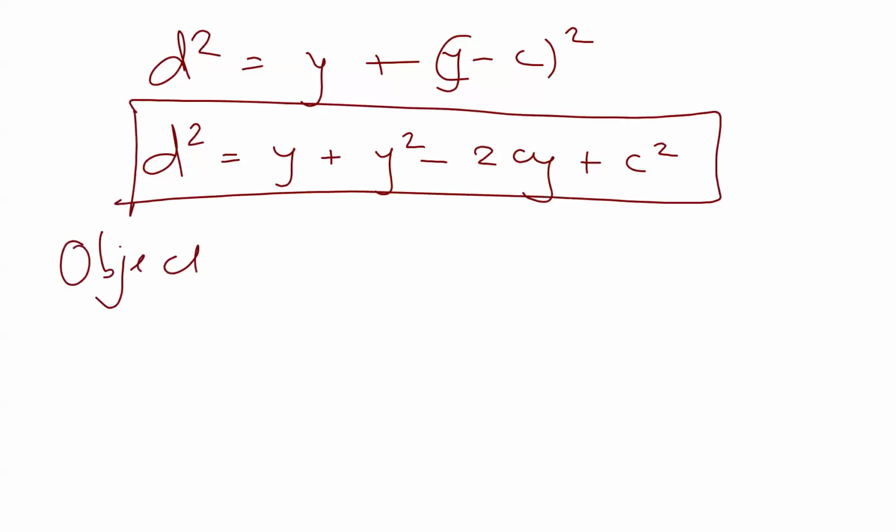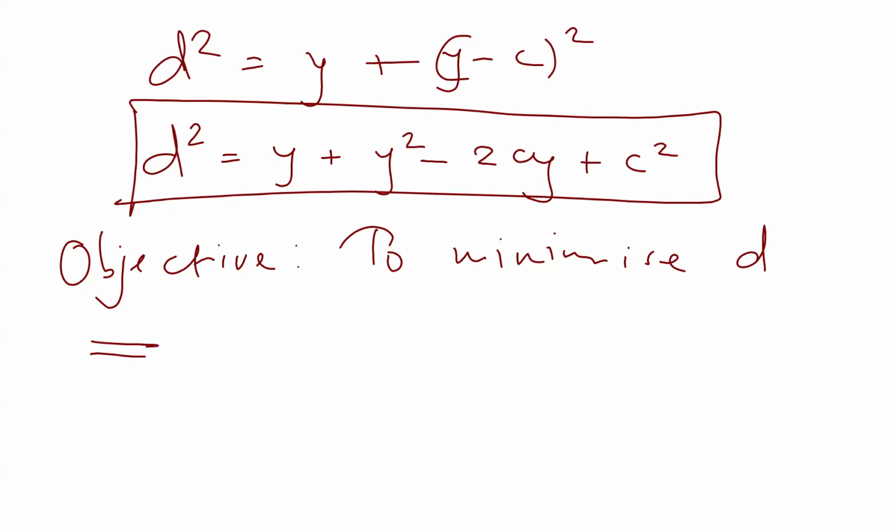Objective: the distance should be shortest. Meaning of shortest is minimum. So to minimize d, this is the objective of the problem. The distance should be minimum. Distance of what? Distance from the point to the curve.